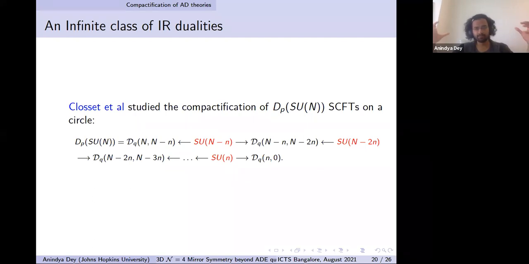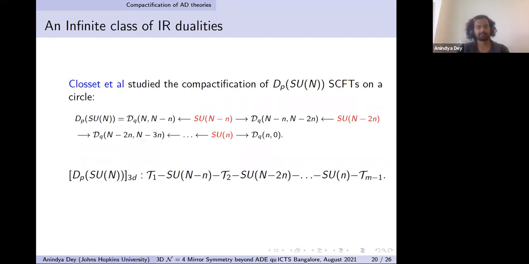Now, when you take such a system and you flow to the IR in 3D, you compactify on a circle, the SU factors survive to 3D because they are conformal factors. And then these isolated CFTs become some theory T. So the end result is something of this form, where you have some theory T1, T2, all the way to Tm minus 1 glued together by SU factors.